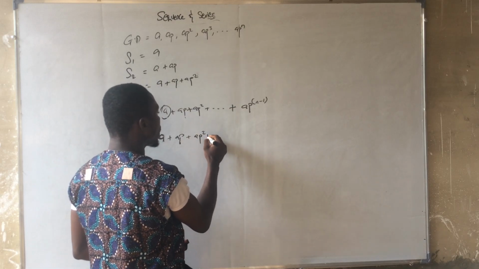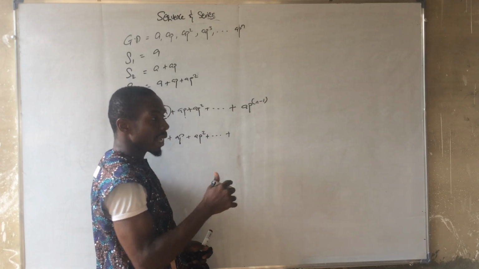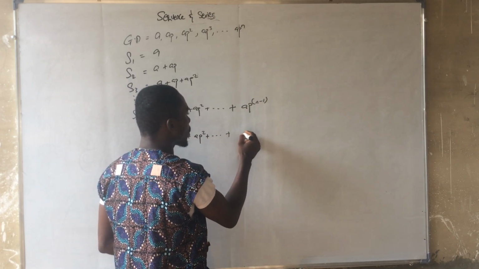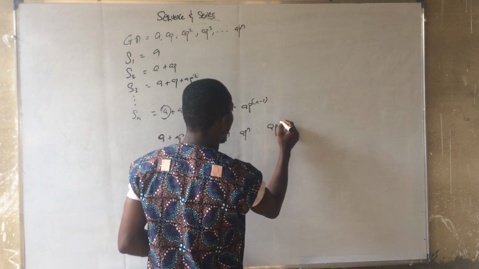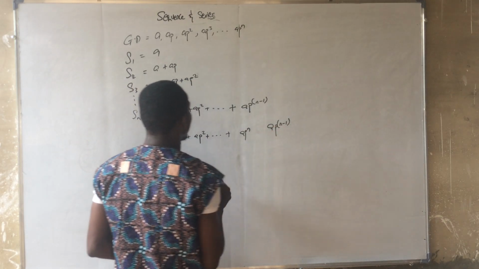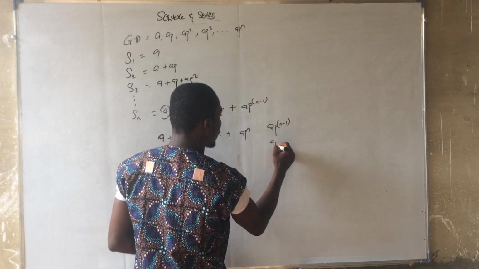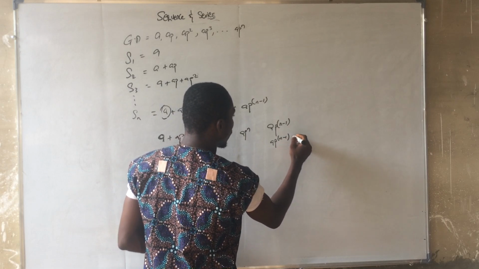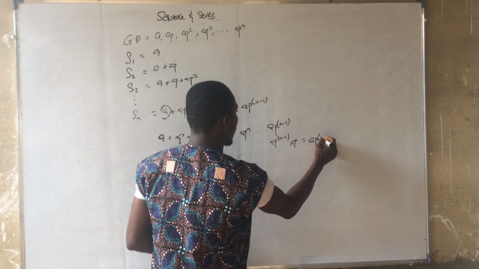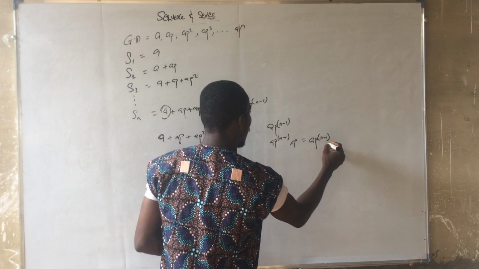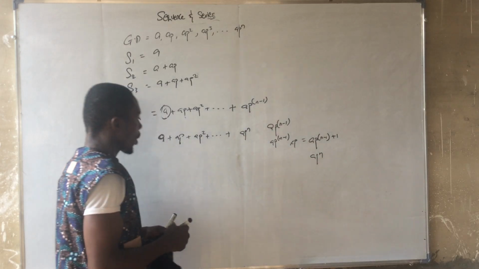So when we multiply this one by P again, we are going to have AP raised to the power n. Let's check it out. This is APⁿ⁻¹. We multiply this by P. We have APⁿ⁻¹ times P, which is APⁿ⁻¹⁺¹, which is AP raised to the power n.